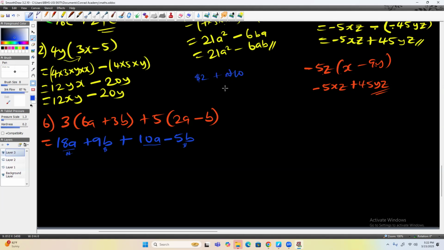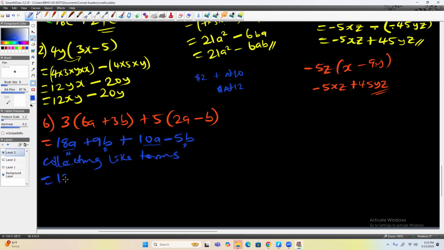You cannot tell me that you have 12 naira dollar. The only thing you tell me is I have $2 and I have 10 naira. So collecting like terms is simply bringing all the dollars together to add, and all the nairas to one side to add.